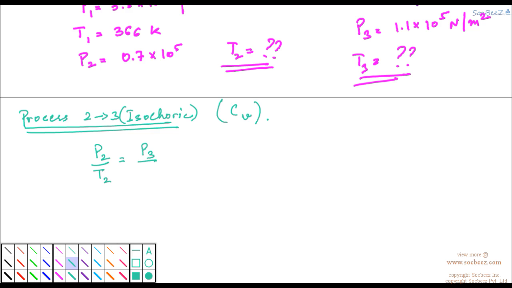So P2 upon T2 is equal to P3 upon T3. So we can calculate the value for T3 using it, which is T3 given by P3 upon P2 into T2, right?